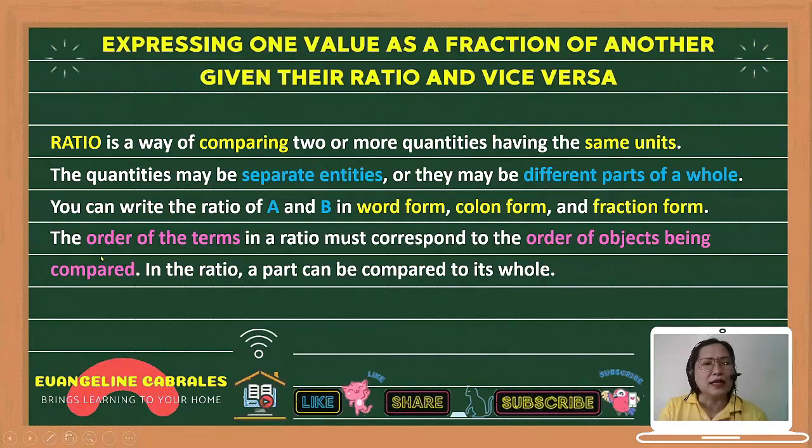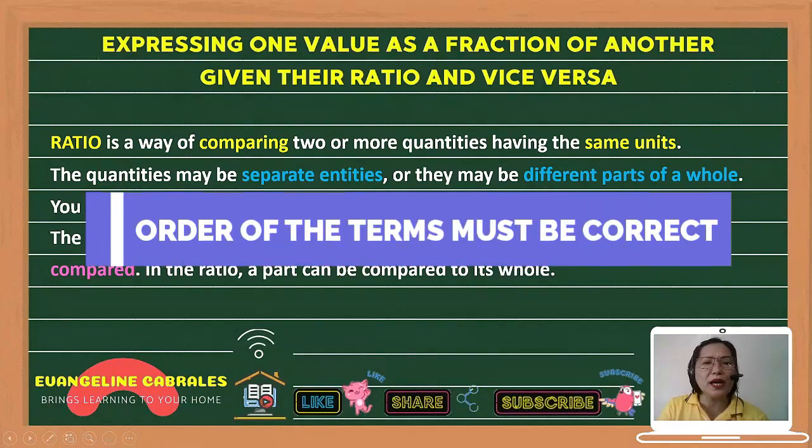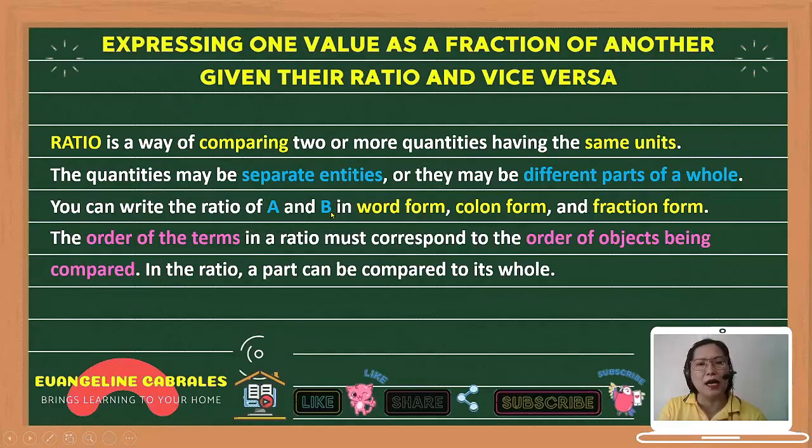Ang sabi dito, the order of the terms in a ratio must correspond to the order of objects being compared. Ibig sabihin, yung paraan ng pagkakasulat sa kanila o paraan ng pagbanggit ay dapat ayon sa order ng terms na nagko-correspond sa order ng objects. Let's say yung A ay nagre-represent ng apples at yung B ay nagre-represent ng oranges.